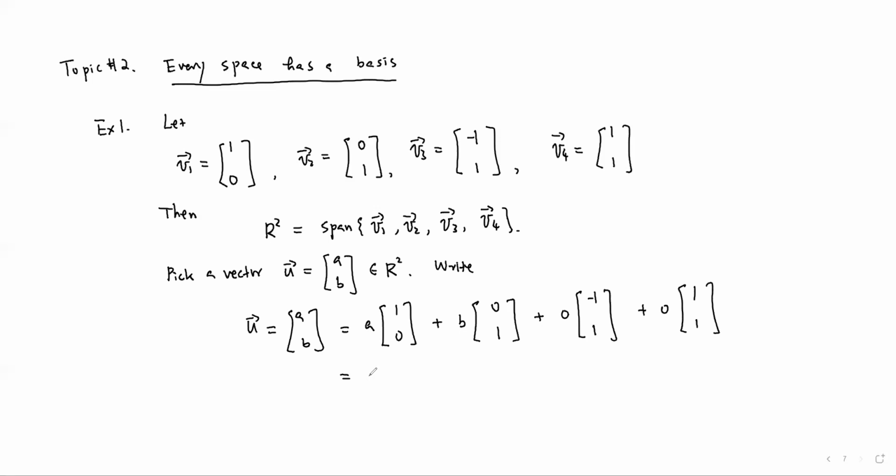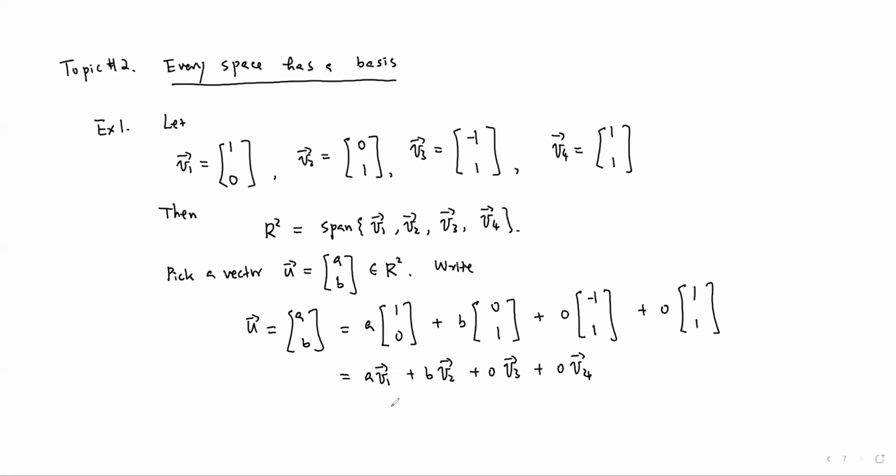In V notation, this is A times V1, B times V2, 0 times V3, 0 times V4. Any vector in R2 can be written as a linear combination of these 4 vectors. So any vector in R2 is spanned by these 4 vectors.